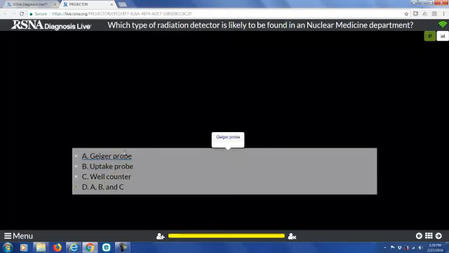You certainly find a Geiger counter to monitor yourself for contamination when you leave a radioactive area. You would use an uptake probe to monitor the activity in a patient's or an operator's thyroid, and a well counter might be used to do pulse height analysis on contamination samples to see what kind of contamination you might have.